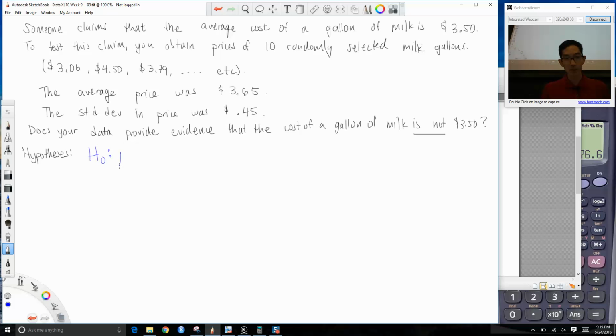Mu is equal to 3.5, and our alternative is mu not equal to 3.5. Now we check conditions, and I'll just say the conditions are met. Maybe they're not, but we're going to pretend like they are.